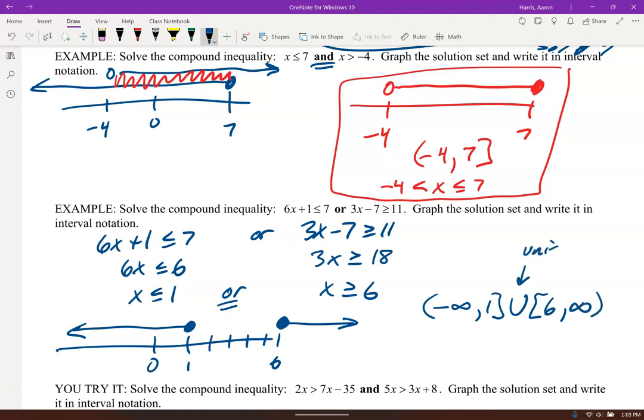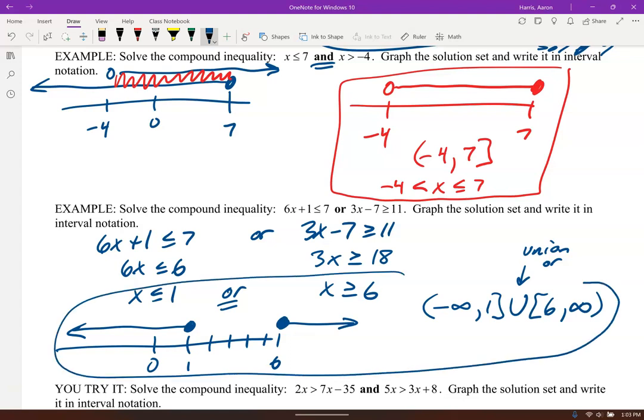That's union, that's for or. Okay, so there's our solutions. Is that a U or like a V? Yes. That's a capital U. Yeah, big old capital U. Union. Okay, thank you. You bet.